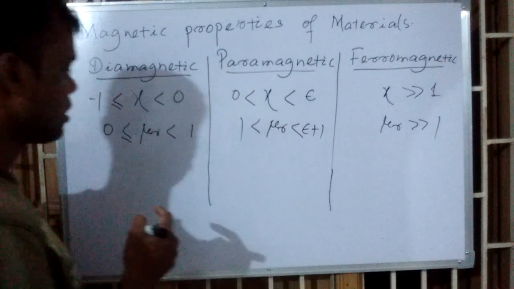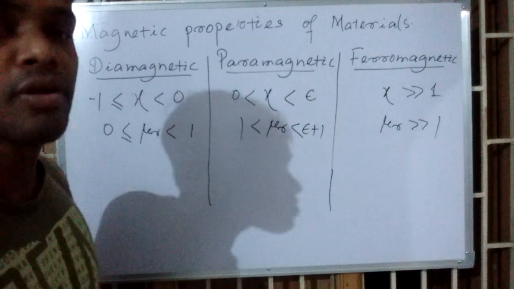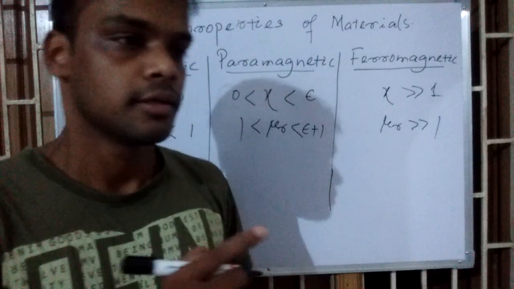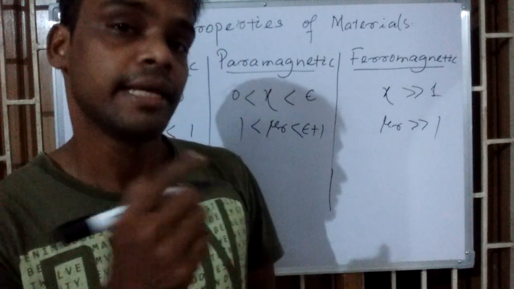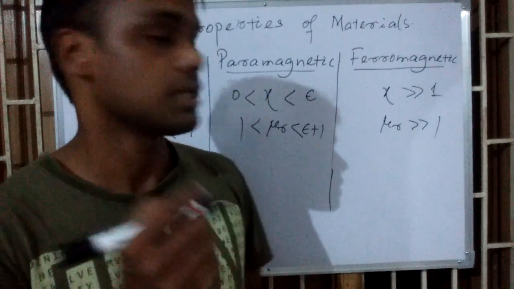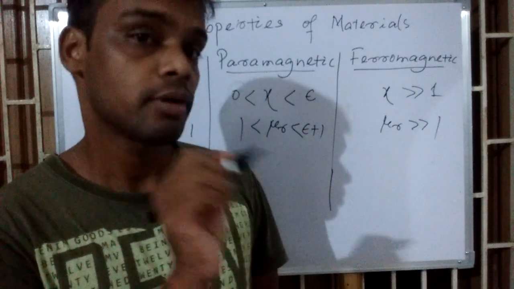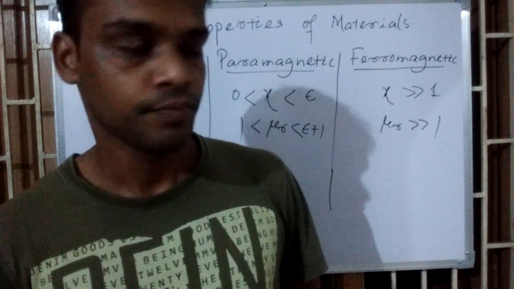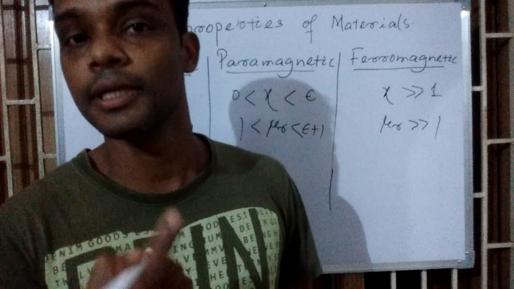Okay. Now from this I also can calculate what is the mu value. Mu is magnetic permeability. Like in electrostatics you studied that epsilon was permittivity simply, epsilon r was relative permittivity, epsilon naught was permittivity of free space.